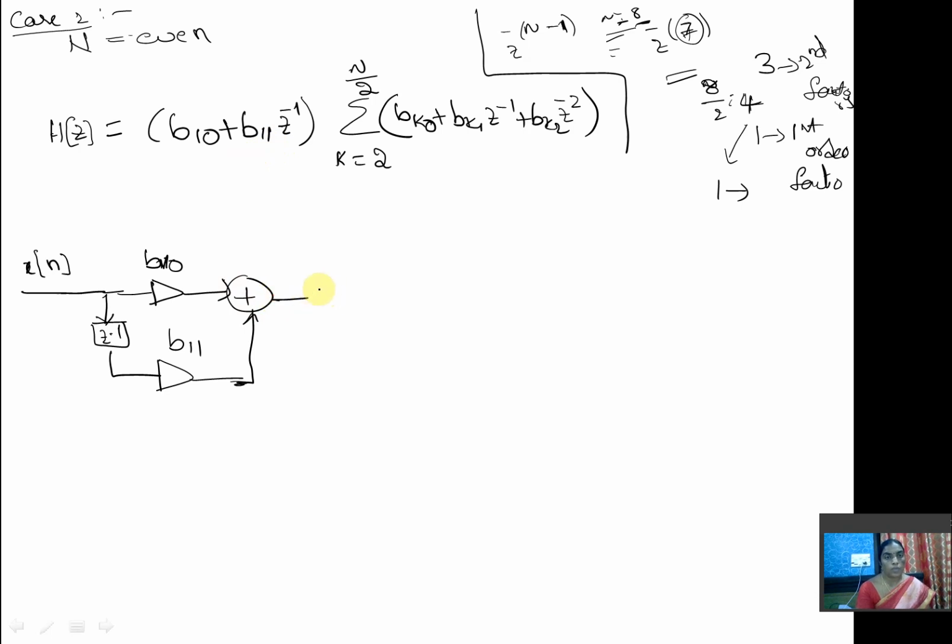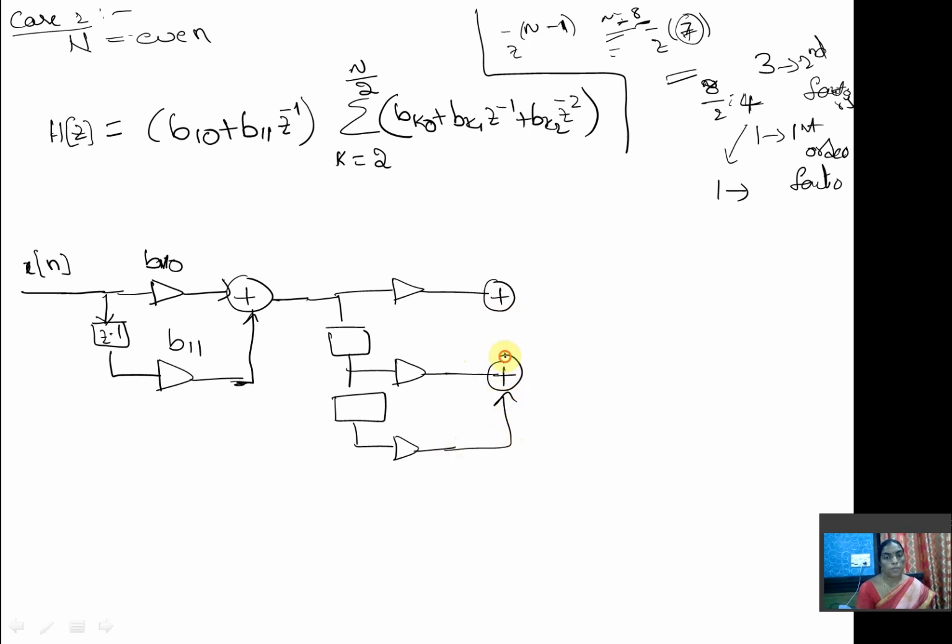Now coming to the next part. The same way, second order factor as said in the previous case. Z inverse, B20, B21, B22, right? Second term also over and so on up to, what is the last term here?